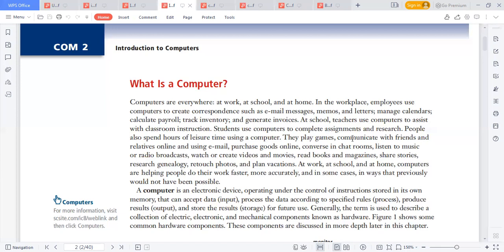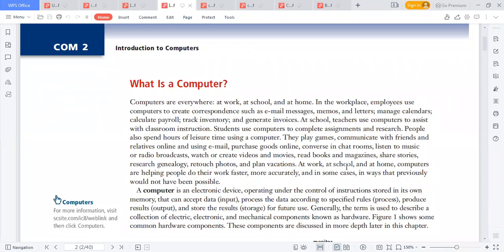They play games, communicate with friends and relatives online, and using email, purchase goods online, converse in chat rooms, listen to music and radio broadcasts, watch or create videos or movies, read books, magazines, share stories, research genealogy, retouch photos, and plan vacations.